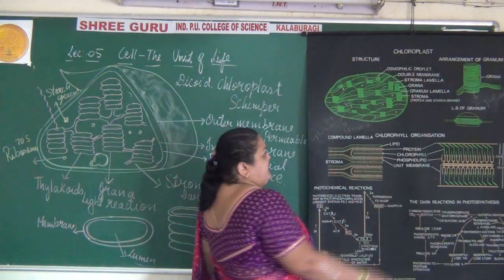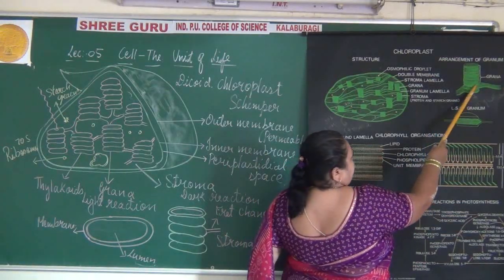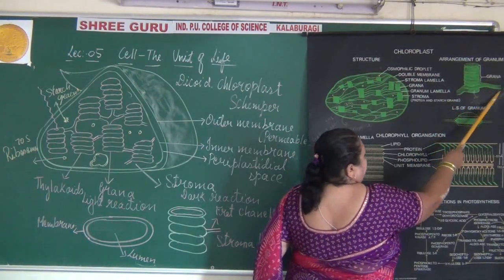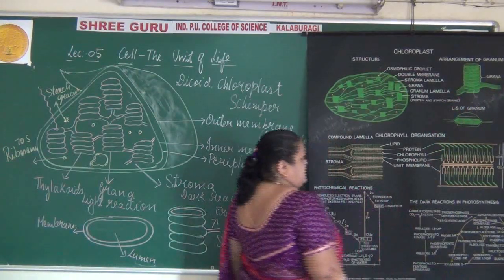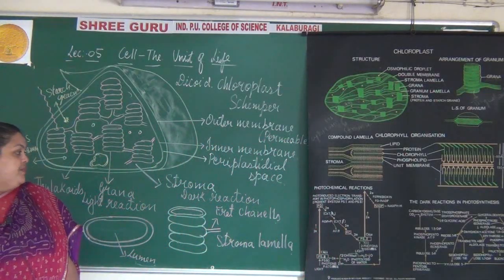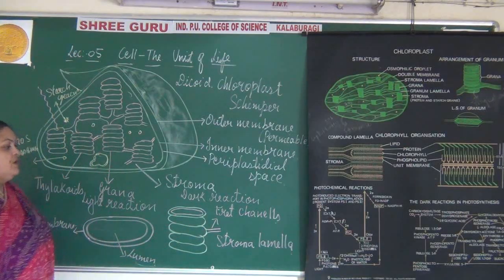So here you can see in this arrangement, these are the thylakoids which are arranged, and the fret channels. So the grana are interconnected by the channels called fret channels.